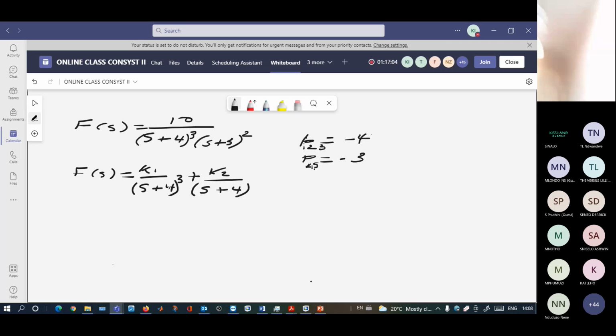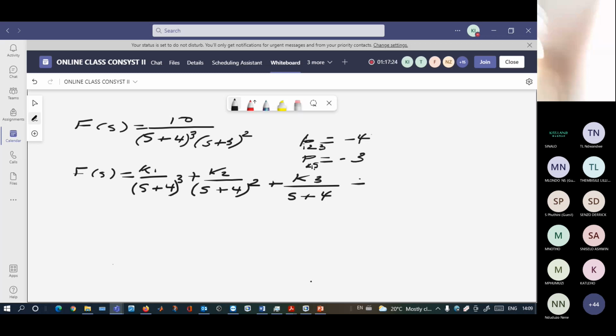This is going to be what? 3 minus 1, it's going to be 2. Then we're going to have plus k3 over (s plus 4). Because this one is not the same pole, we can change it.